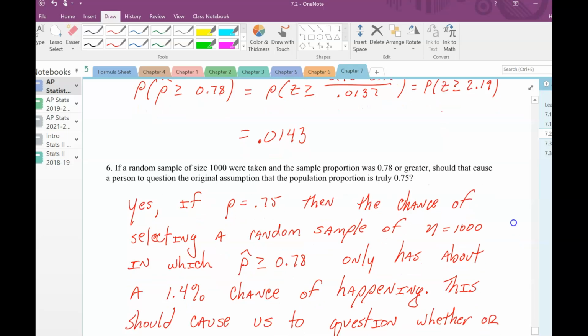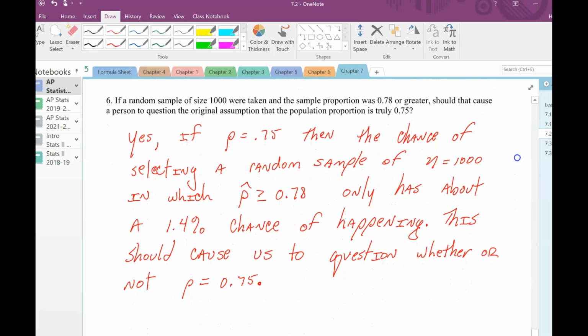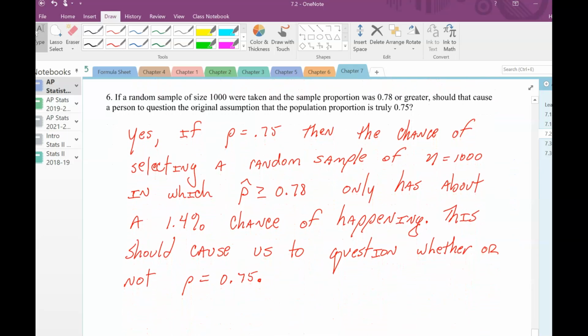So how are we going to interpret that? Look down here at question number 7. Should that cause a person to question the original assumption? And the answer is yes. We built this normal distribution on the assumption that the proportion of success was 0.75. The probability of getting a sample as extreme as ours was only 1.4%.